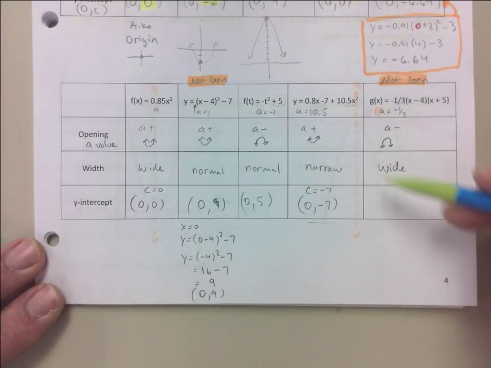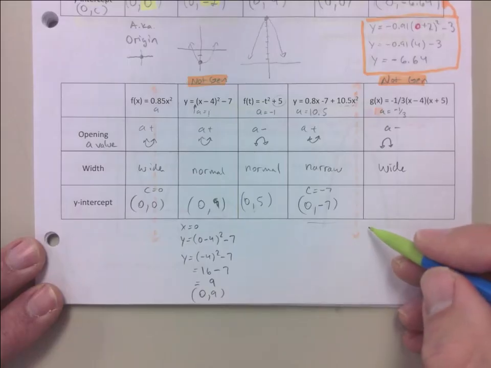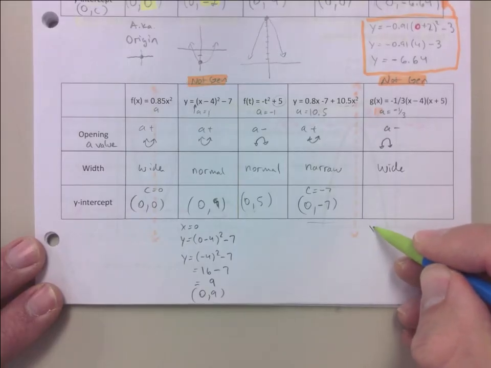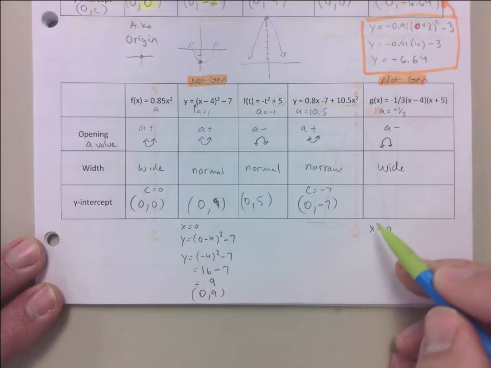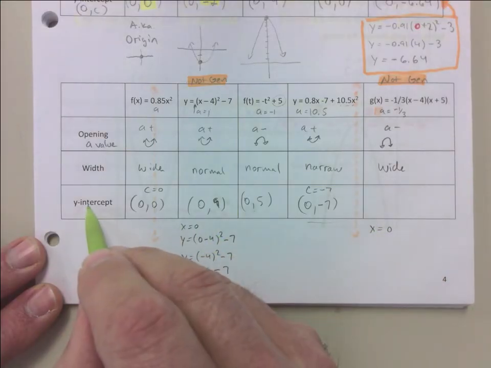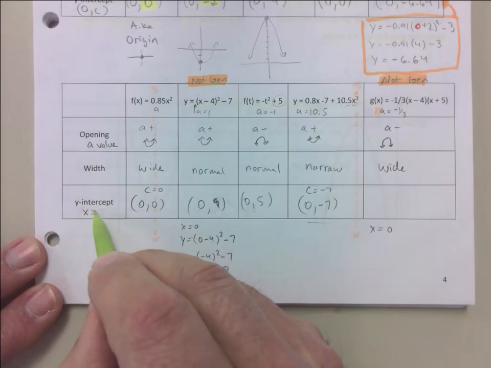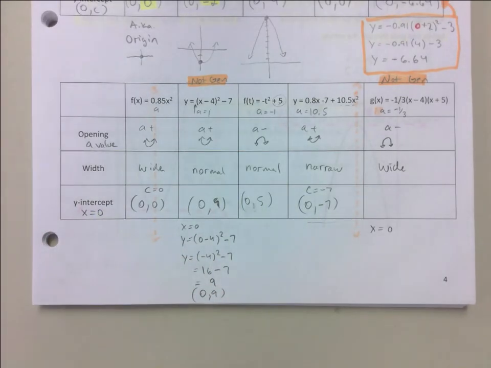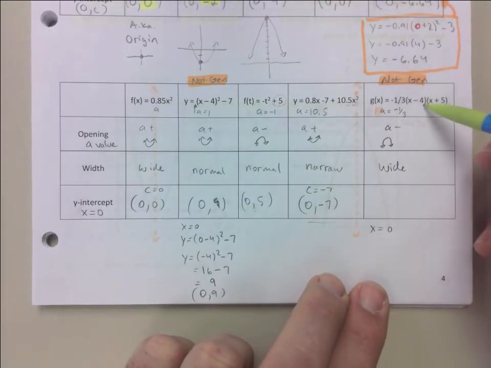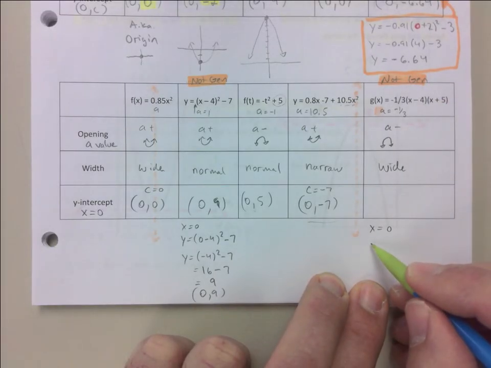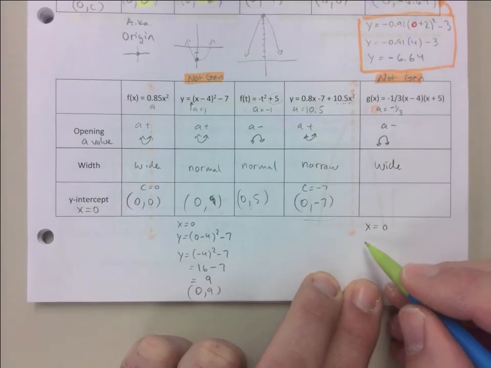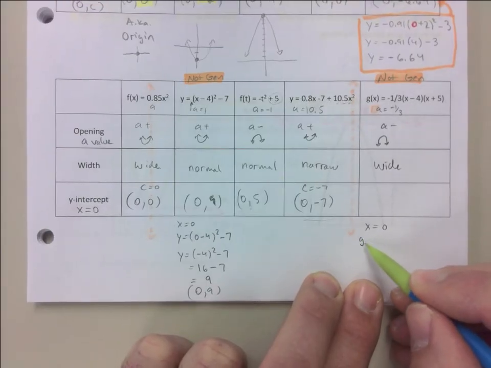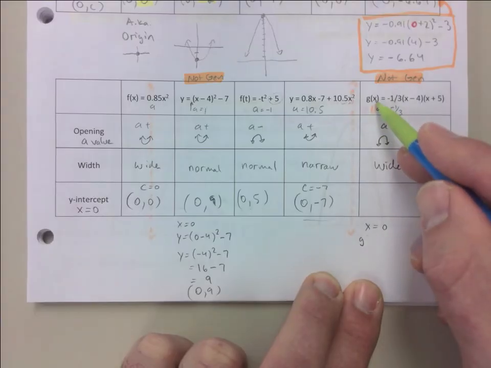What about this one over here? Remember, the y-intercept, x is equal to 0. Let's go over here to where it says y-intercept. And we know that x is equal to 0 at that point, because x is equal to 0 when it crosses the y-axis. So you just insert zeros in this one. I don't know if you remember this from previous years, but g of x, it's actually a function.